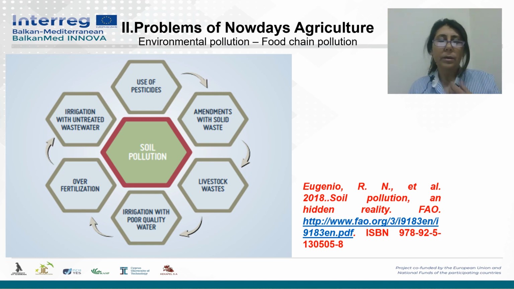When the livestock is consuming these plant products, it will pollute its products that are consumed by humans, but from the other side it will pollute the waste that will go again as fertilizers or as manure in the soils, which through the irrigation will bring the pollution to the groundwater and to the surface water, and it will be polluted.